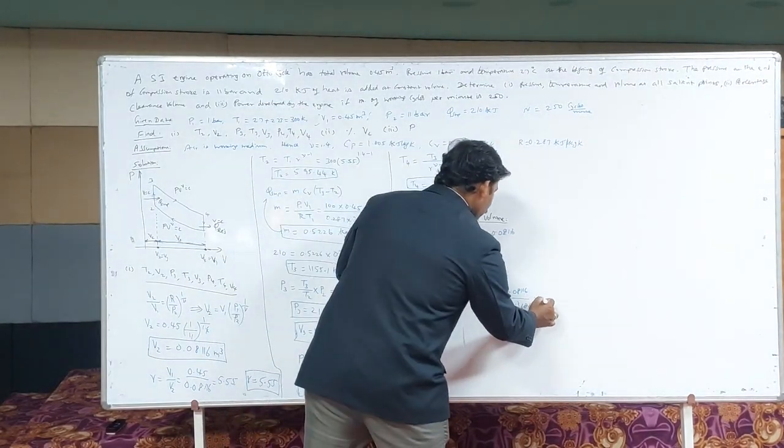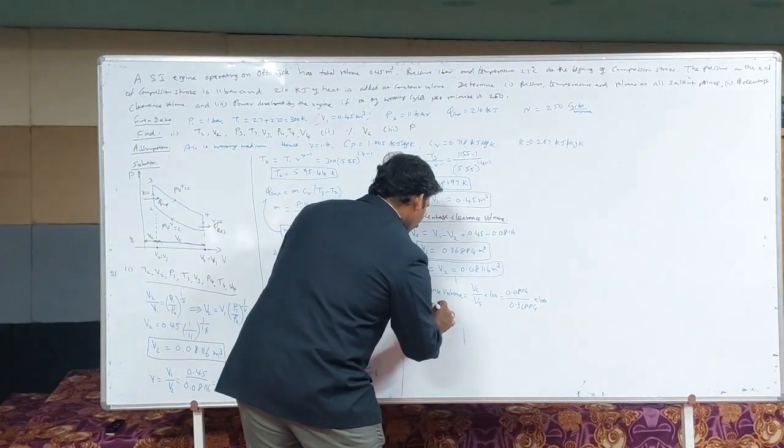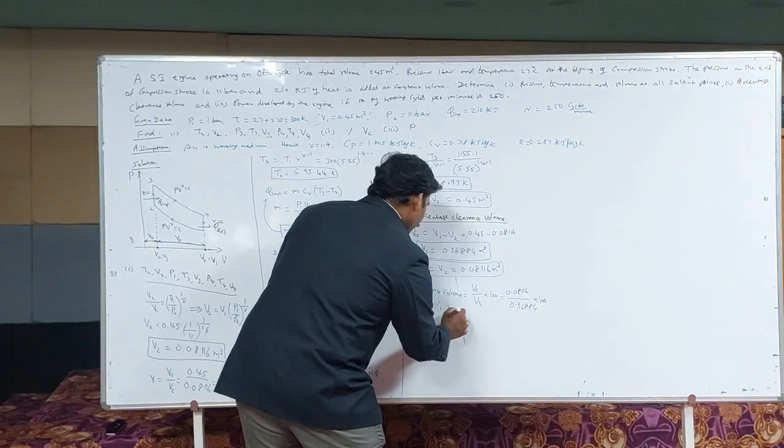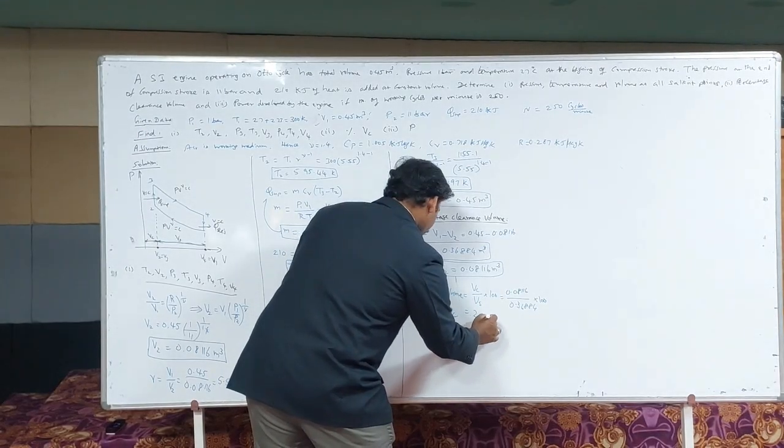So we get the percentage clearance volume equal to 22 percent.